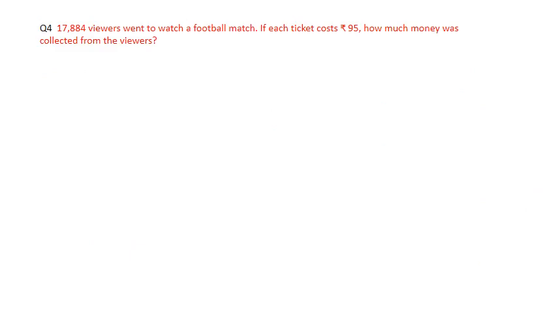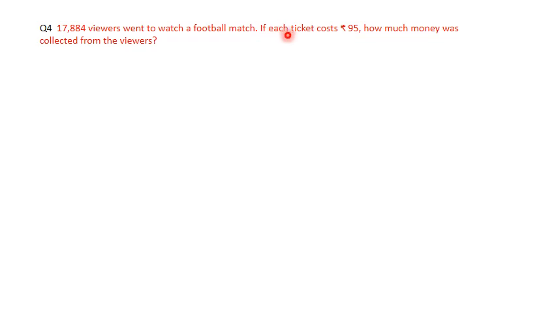Question number 4. Now what is given in question number 4? 17,884 viewers went to watch a football match. Okay, there is a football match and 17,884 viewers went to watch it. Now, if each ticket cost, now look here student, what is given?